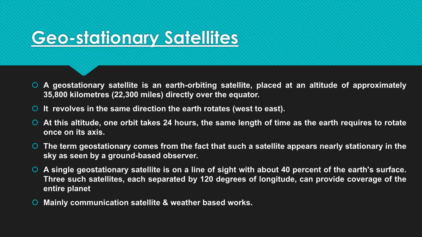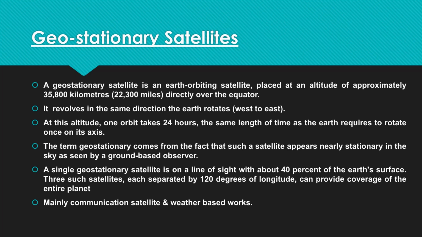The maximum altitude at which a geostationary satellite can be placed is 36,000 kilometers, and the geostationary satellites move in the same direction as the Earth, and take approximately the same time to rotate once on their orbit as the Earth requires to rotate once on its axis.